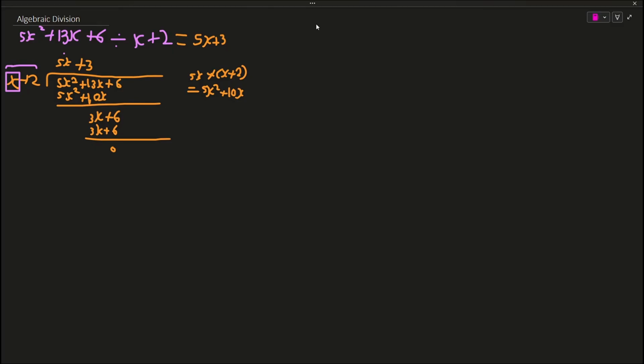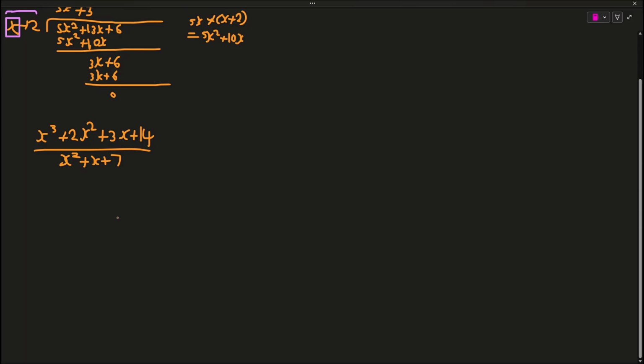x cubed plus 2x squared plus 3x plus 14, and that's going to be all divided by x squared plus x plus 7.